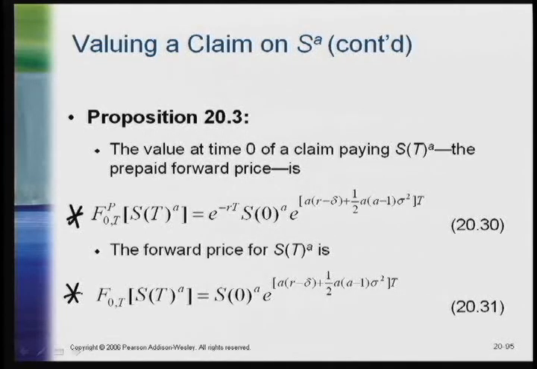The relationship between the prepaid and the forward price is nothing more than a discount factor to reflect the time value of money. So clearly, if we can derive either of these formulas, the other one is automatic, because the relationship between the prepaid forward and the forward typically reflects nothing more than the discount by interest. So we'll be working on the forward contract.